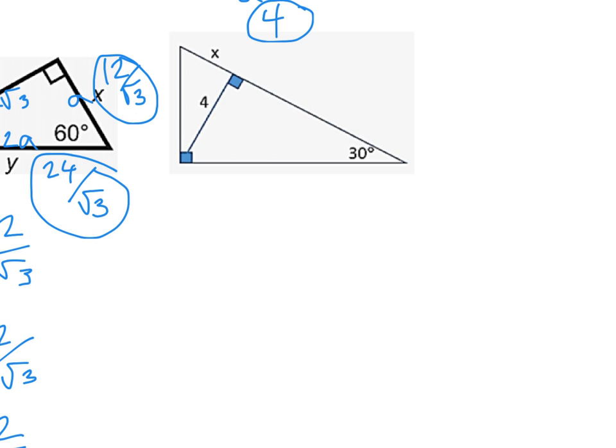All right, this next one, we're going to start off by just labeling the degrees inside. So if I look at the bigger triangle, I have 30 and 90, which means this is 60. So then I would have across from the 30, this is A, so A is 4. And so then across from the 90 would be 4 times 2, so we would have 8. And then across from the 60 would be A square root of 3, so 4 square root of 3.